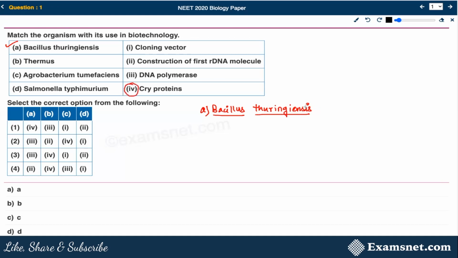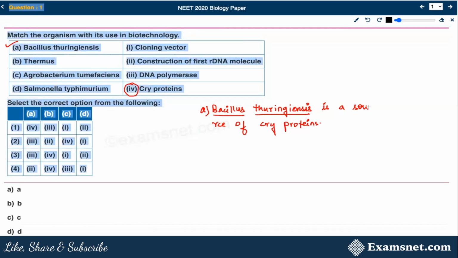These cry proteins are used for killing insects.